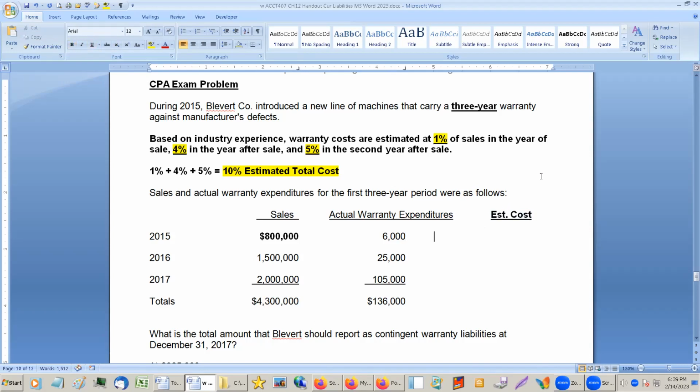All right, so estimated cost. So if 10% of the 800,000 is... that didn't work out very well either. I'm going to put it over here, 10%.